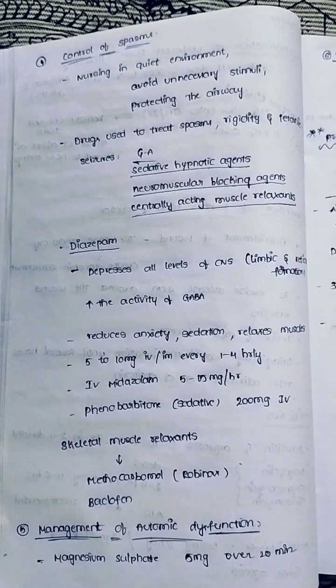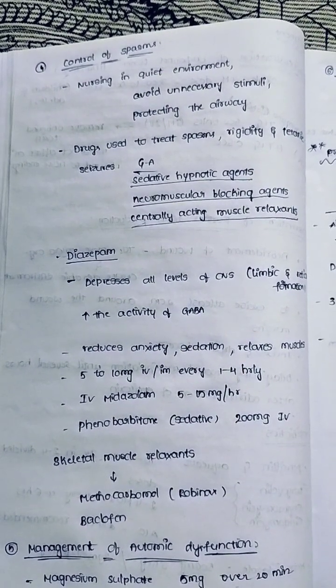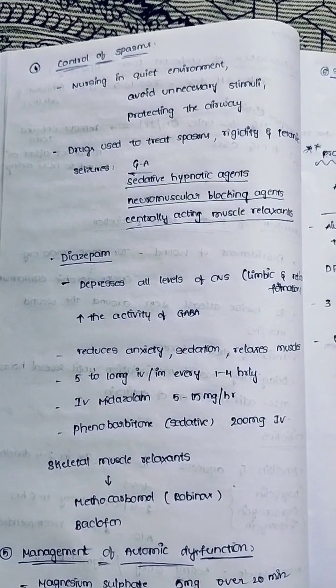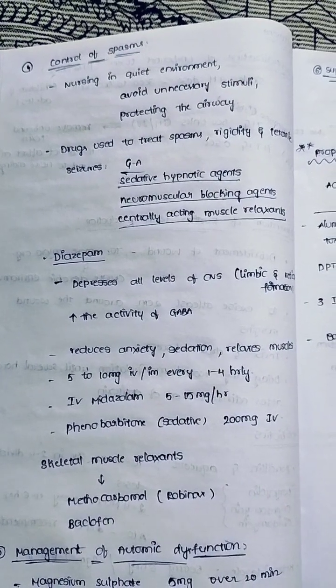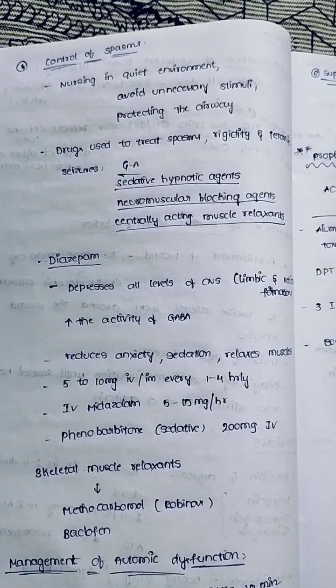Another one is control of spasms. Nurse the patient in a quiet, dark environment, avoid unnecessary stimuli like noise, touch and heat, and protect the airway.